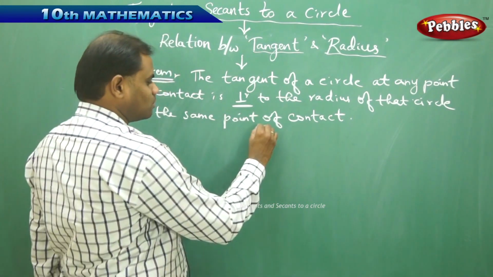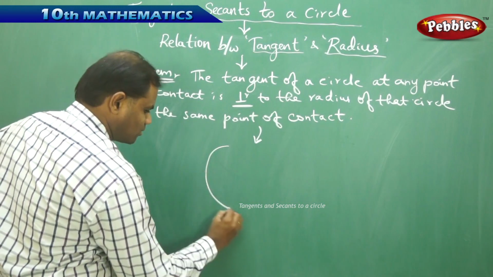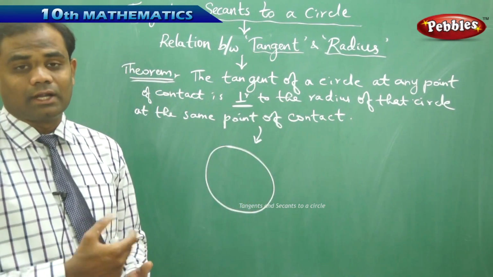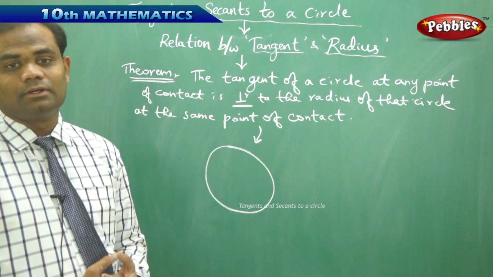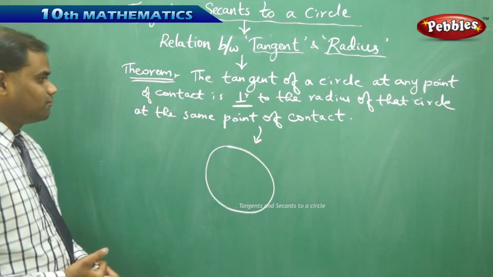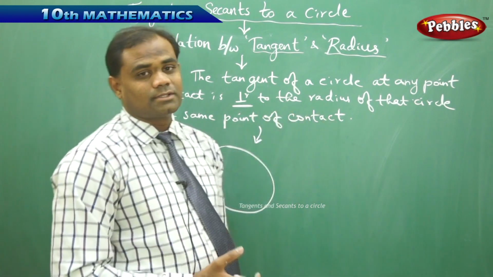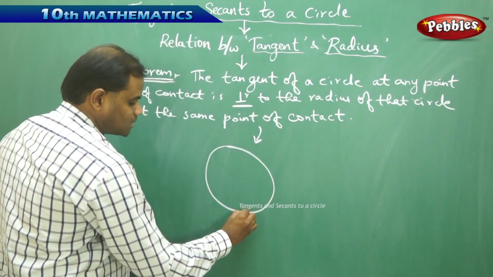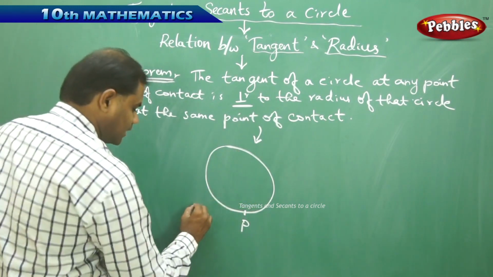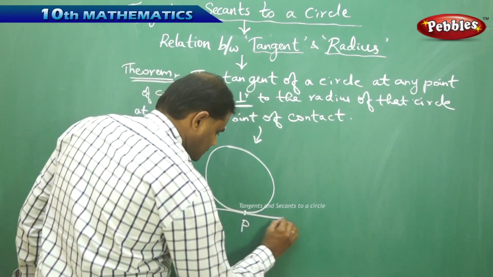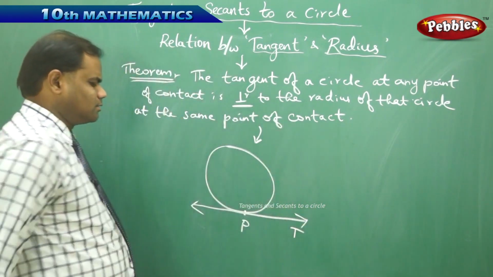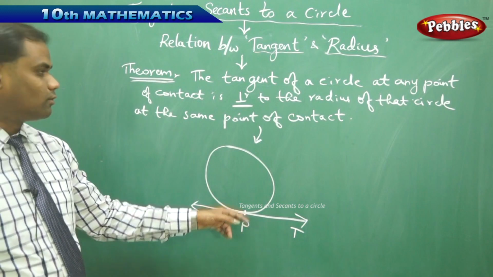To understand the statement more clearly, let me draw a diagram and see how the statement is understood geometrically. If I take a tangent at any point, say I consider the point P as the point of contact, then PT is the tangent and P is the point of contact.